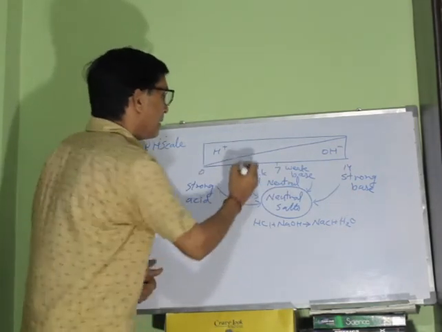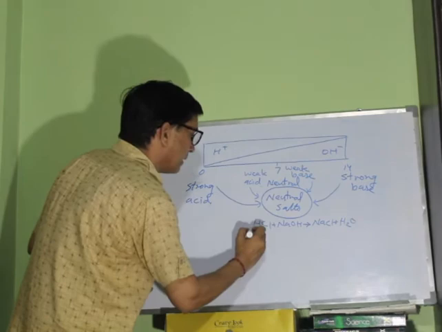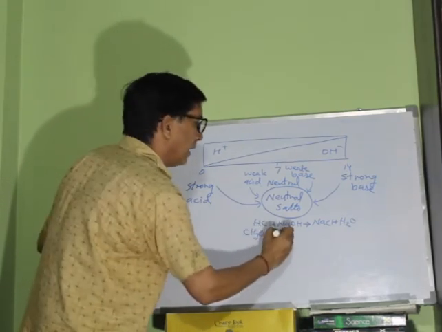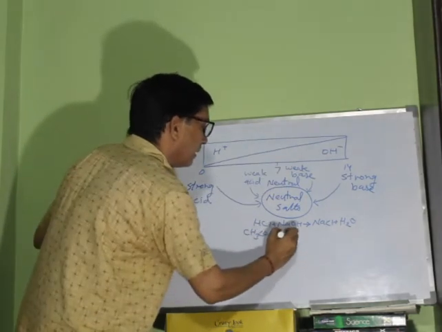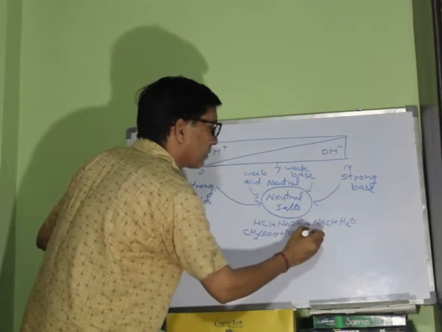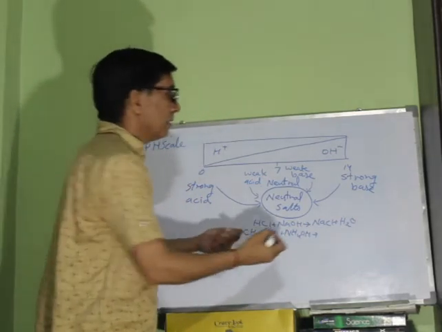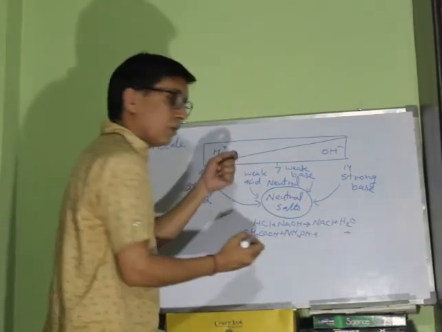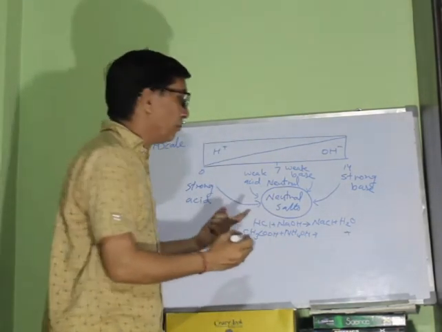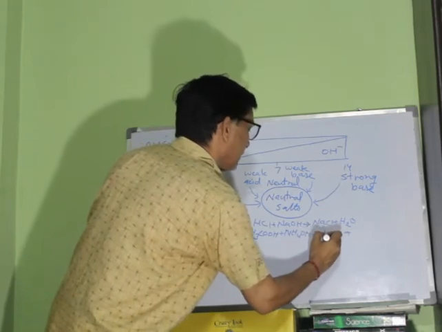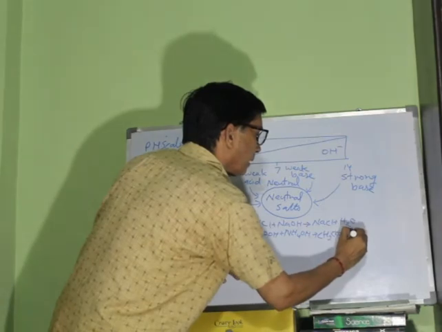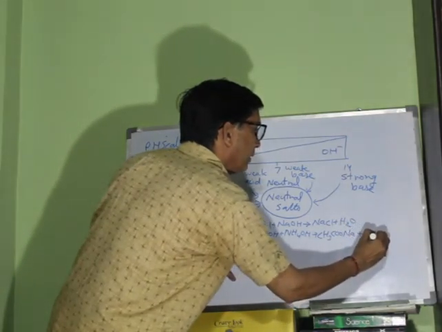But on the other hand, when we take a weak acid like CH3COOH, acetic acid, and a weak base like NH4OH, ammonium hydroxide, a neutral salt, ammonium acetate, is formed, that is CH3COONH4, and H2O is removed.